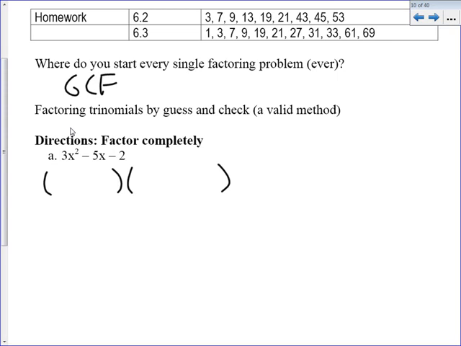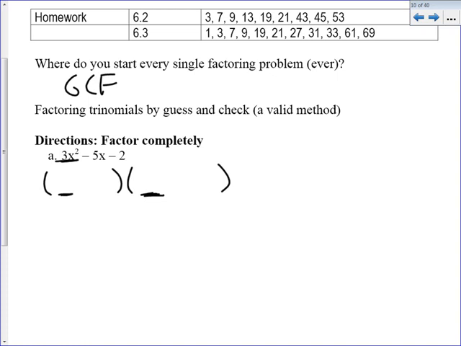Now there's a little bit of a system to guessing and checking. When you guess and check, the first 2 terms in each binomial need to multiply to 3x squared. So can anyone think of a way to multiply to 3x squared? Something times something gives me 3x squared. 1x times 3x, yeah.